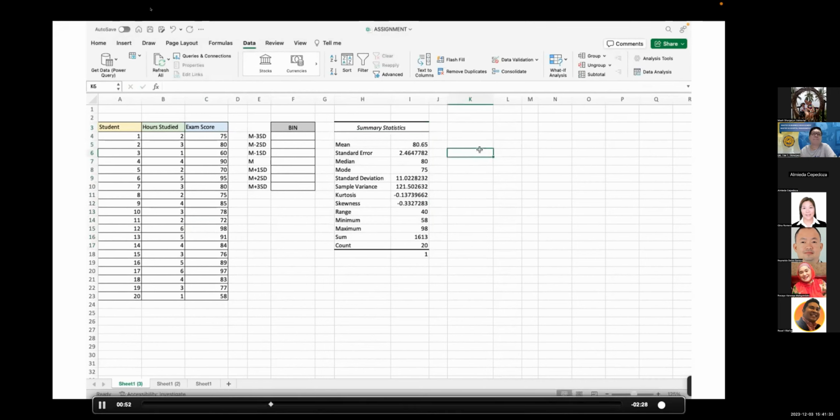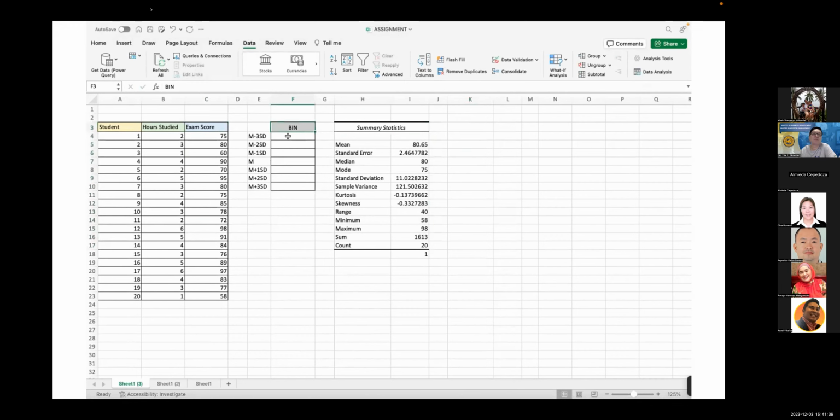Next, we will create a mean range. This is done with the following formula: equals the mean minus 3 standard deviation, 3 times standard deviation. Then we compute the second row, which is the mean minus 2SD, which will be computed by equals the F5 and so on and so forth.